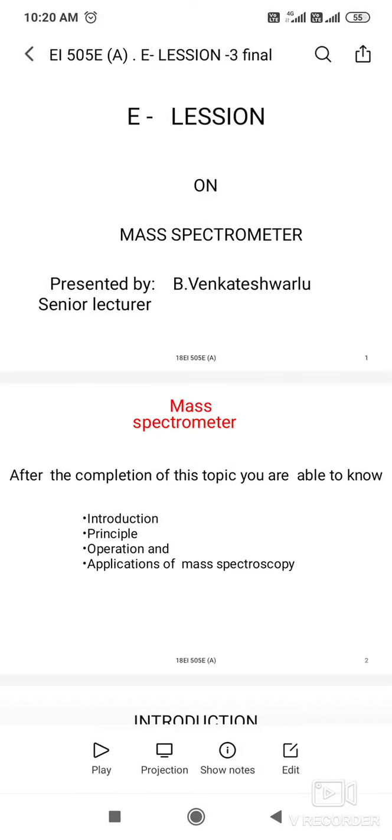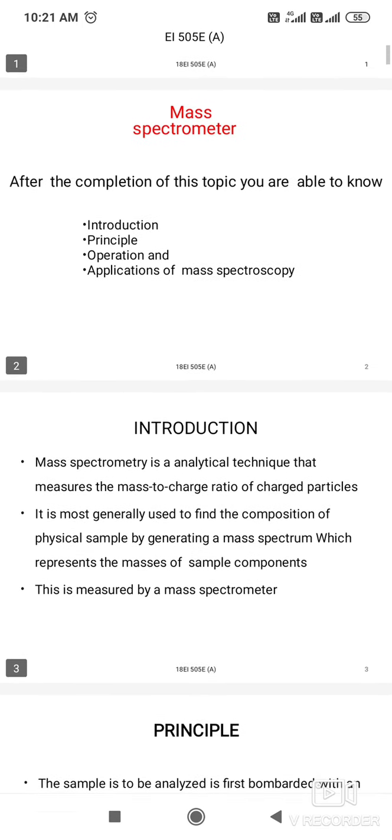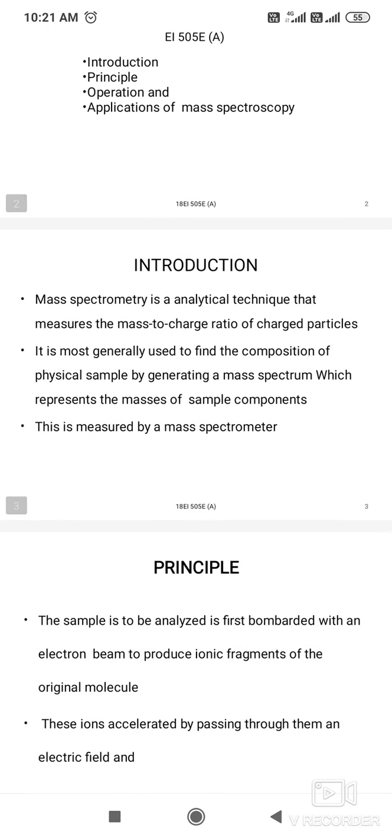Welcome to mass spectrophotometer. After completion of this topic, you will be able to know the introduction, principle, operation, and application of mass spectroscopy. We can see the next slide. Introduction.